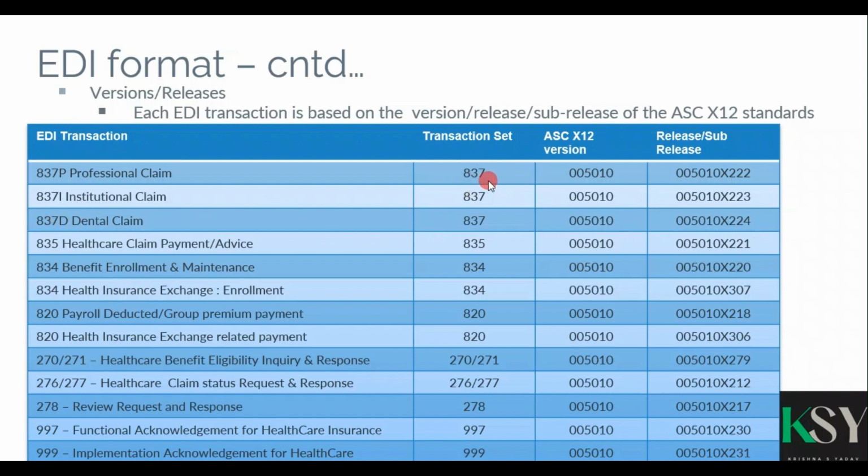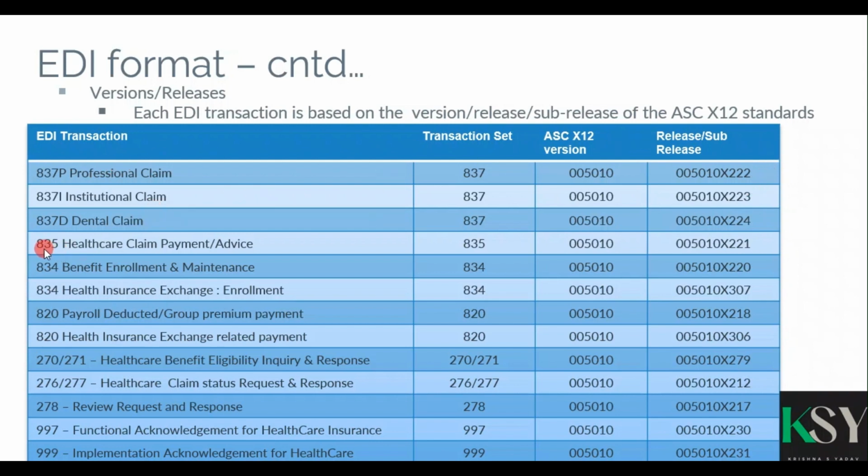So the transaction set is referred to as 837 in the EDI language, and then each of these comes with a version. The version that you see here, 005010, is the ANSI X12 version that's currently in use, and then each of these versions would have a subversion, you can say, like 005010 has got an X222, which is used to identify your 837 professional claim.